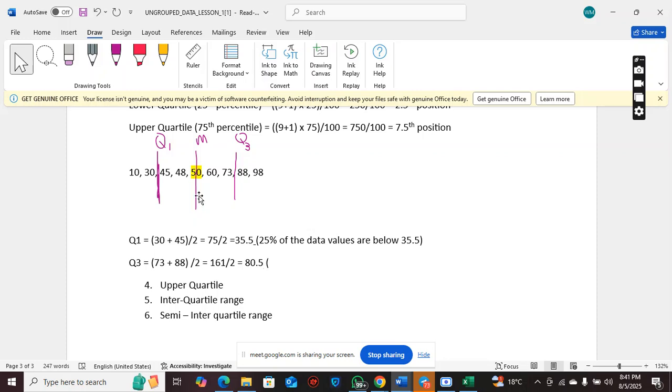So 75% of the test scores are below 80.5. Any questions? This is the upper quartile.